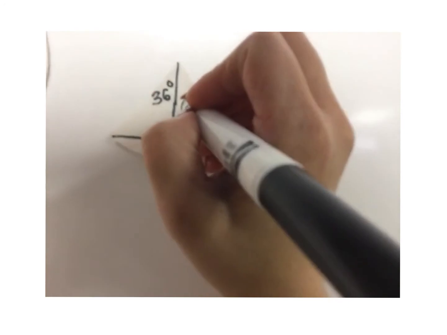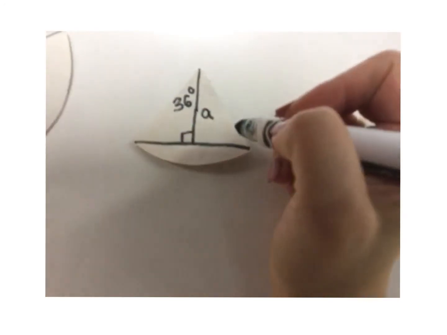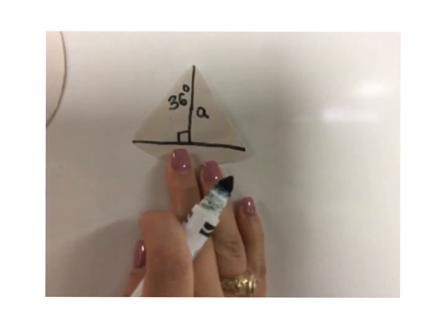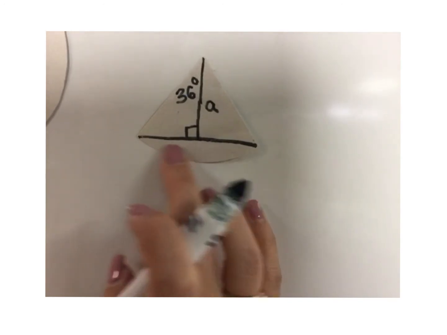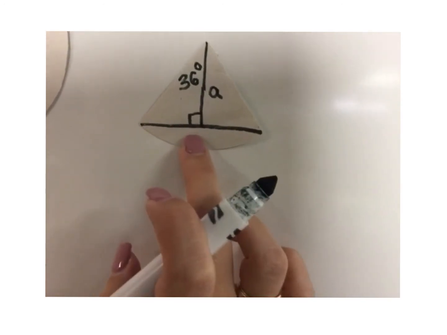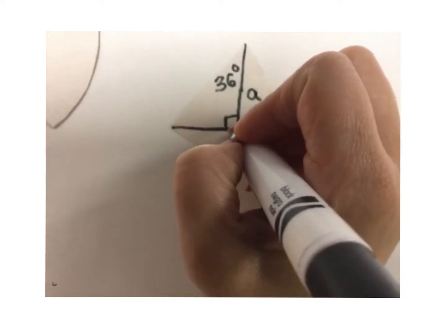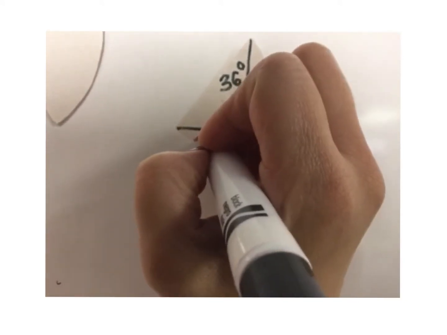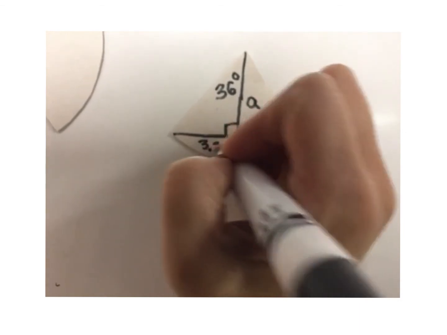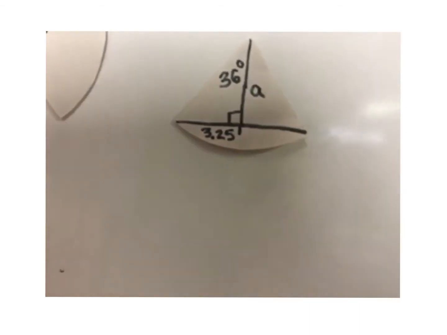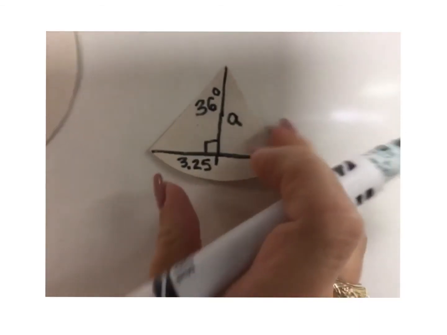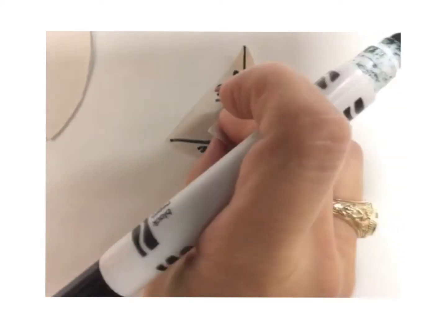I know that my total side length is 6.5, so then halfway would be 3.25, like all the way to here. 3.25 centimeters. So if I fold this in half, that's what I would get.